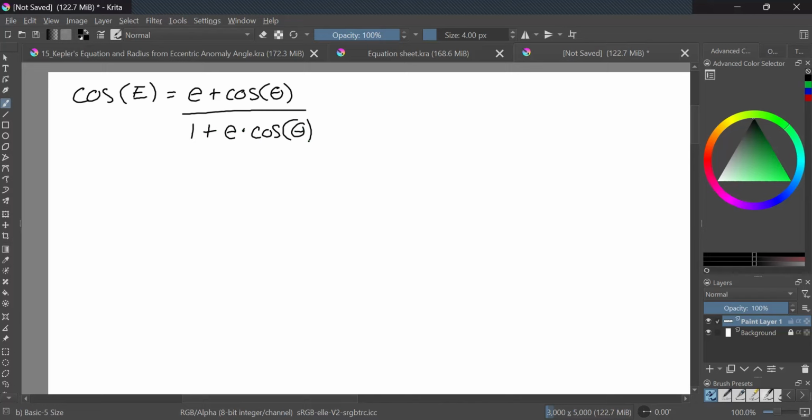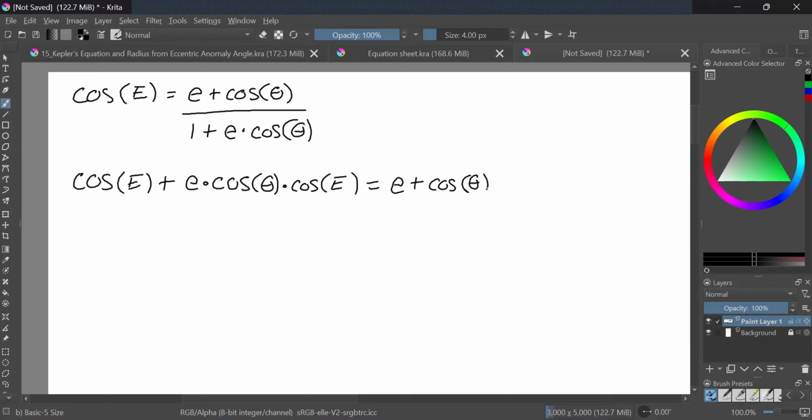Let's bring the denominator up here, and I'm going to go ahead and distribute everything. We have the cosine of the eccentric anomaly angle plus the eccentricity times the cosine of theta times the cosine of the eccentric anomaly angle, and have that be equal to E plus the cosine of theta.